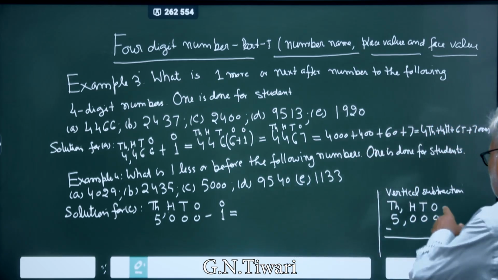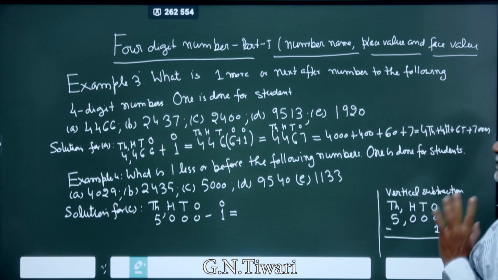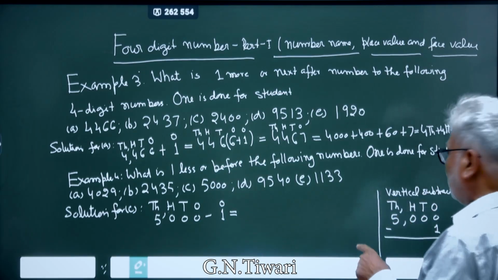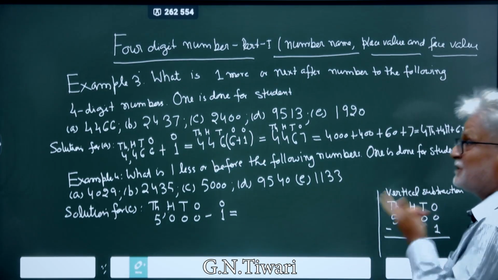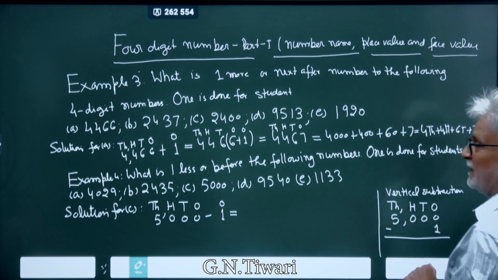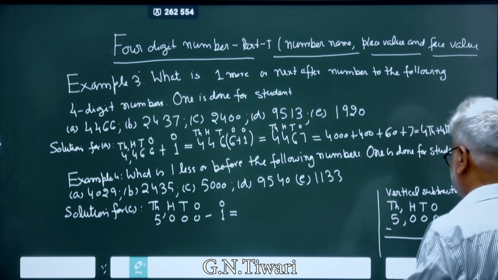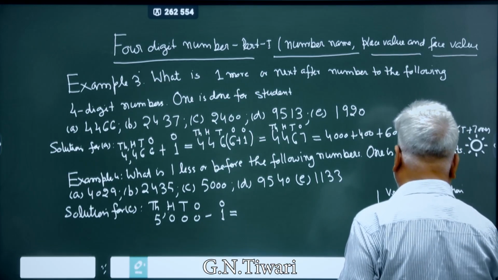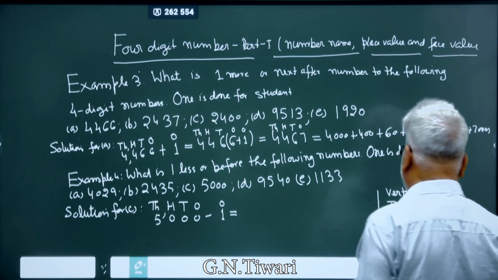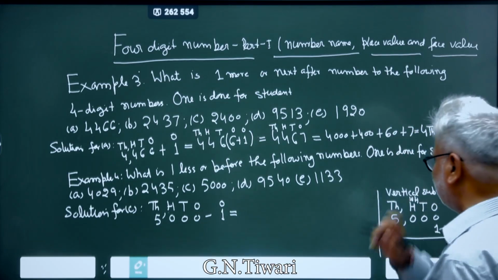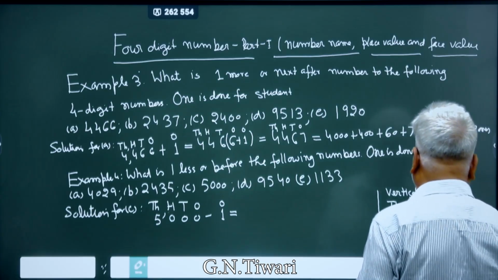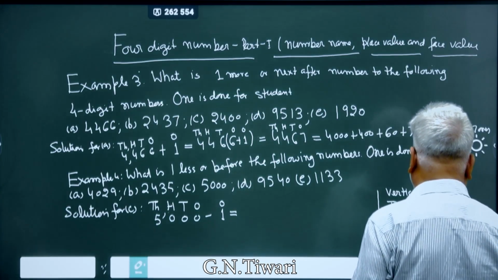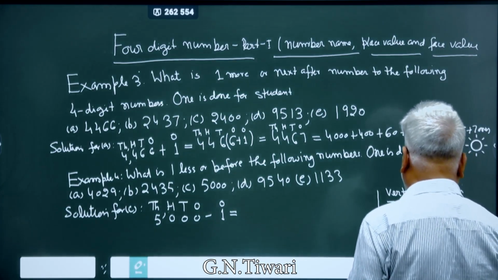Now see, you cannot have 0 minus 1. So you have to borrow. You cannot borrow from here because it is 0. You cannot borrow from here. You can borrow from TH. So if we borrow from TH, here 10H will come because 1 TH is equal to 10H. Now if we borrow from here, 10T will come here, but here it becomes 9H.